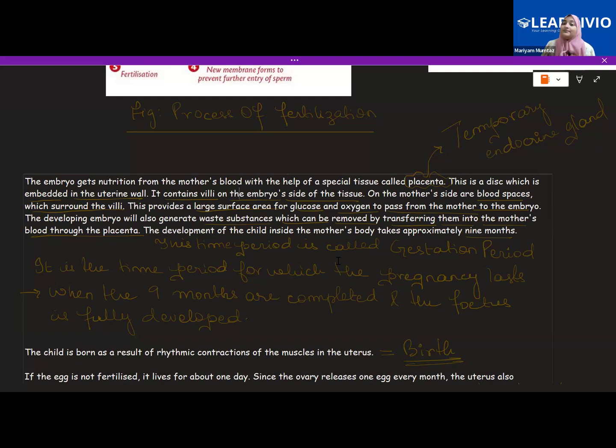My friend was born after 10 months. 10 months? Who was born after 10 months? One of my friends. Your friend? Yeah. No, that's not possible. He must be bluffing, he said he was born after 10 months.